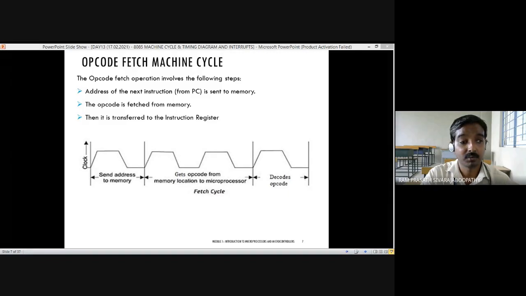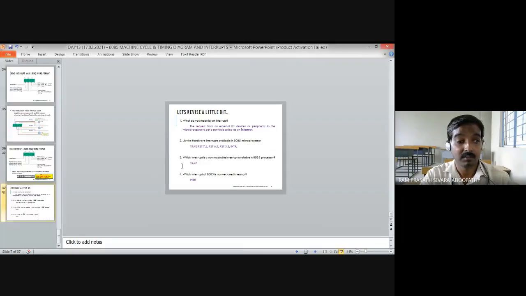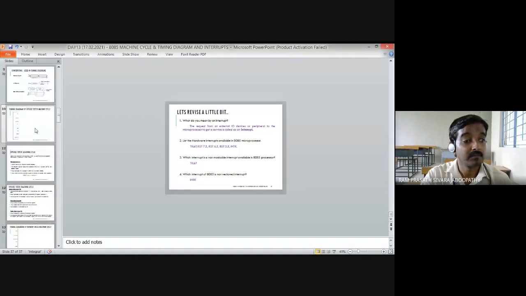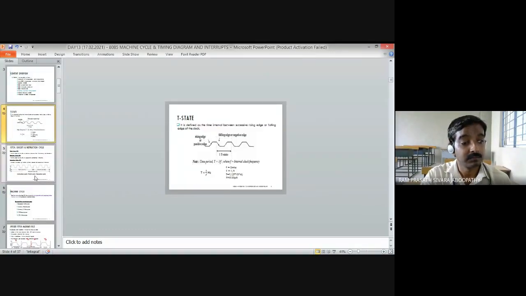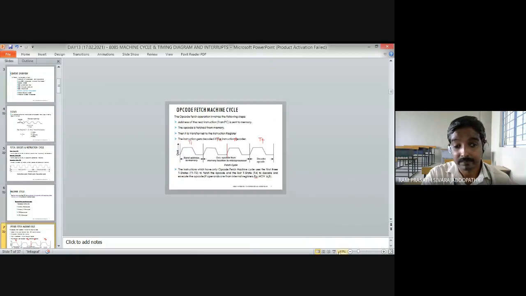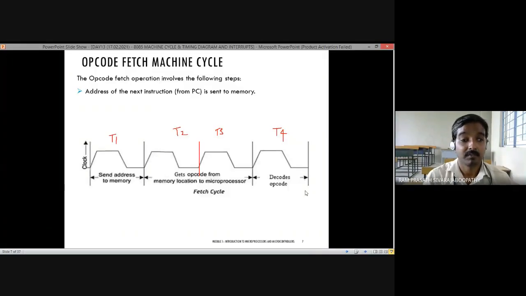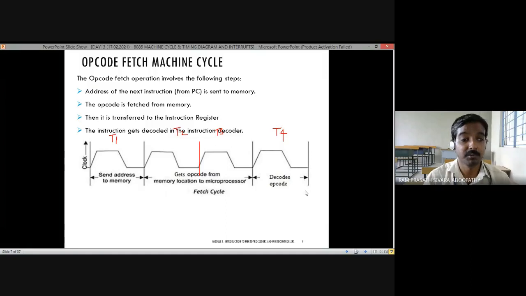So T1, T2, T3, the last one is T4. Is it visible to all of you? T1, T2, T3 and T4. Fine. So this we call the opcode fetch machine cycle.